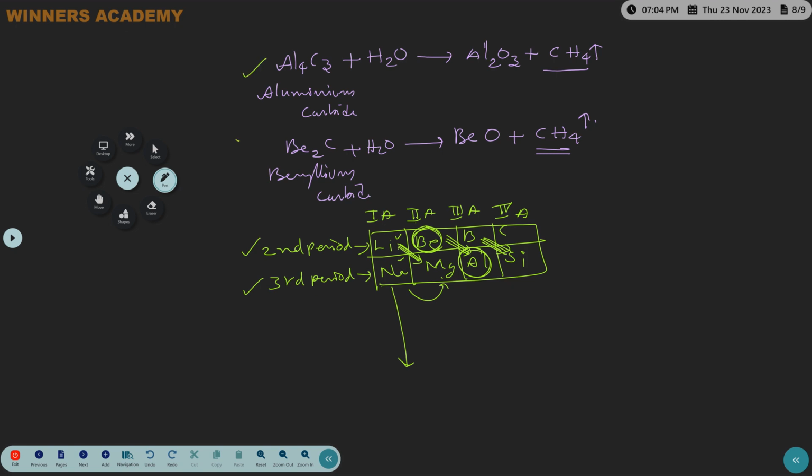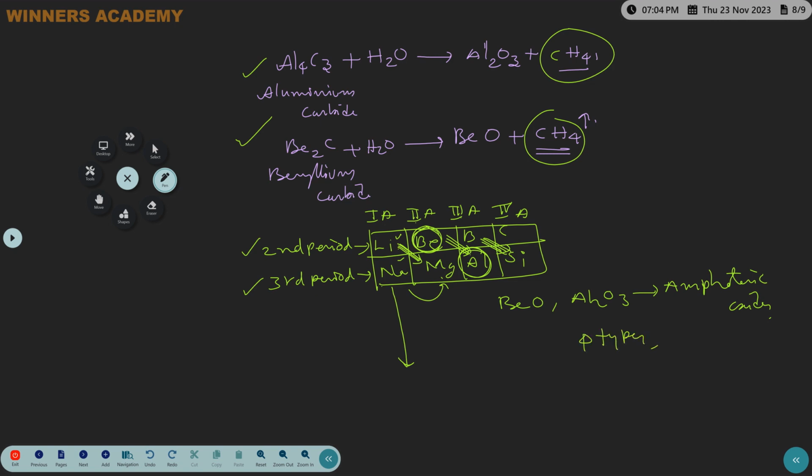Both the carbides undergo hydrolysis and liberate methane. That is one resemblance, CH4. Both oxides, BeO and Al2O3, are amphoteric oxides. Oxides are of how many types? 4 types. What are those 4 types?